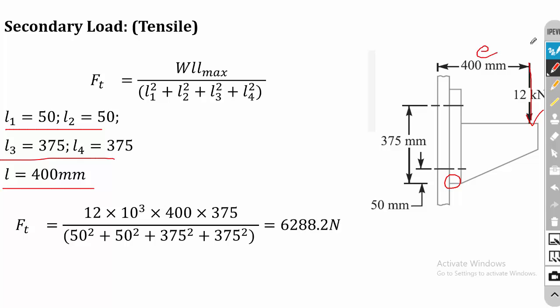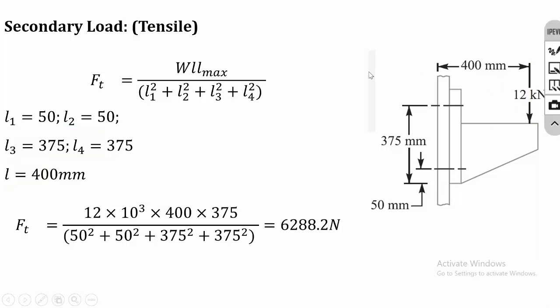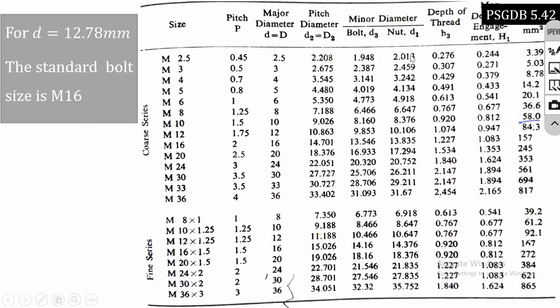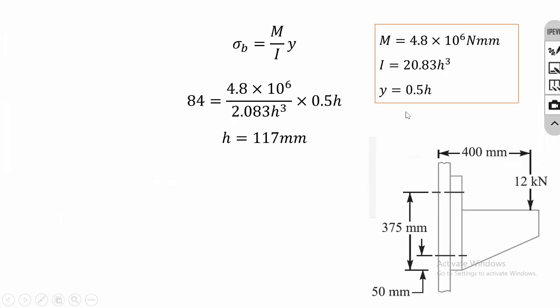Don't confuse it, because the load is acting in the vertical direction. We have to take the horizontal distance. Then after calculating the two loads, you can use FT equivalent equation to calculate the equivalent stress. Then by substituting the FT value in the sigma T equation, you can calculate DC and D. After calculating D, you can standardize the bolt size.